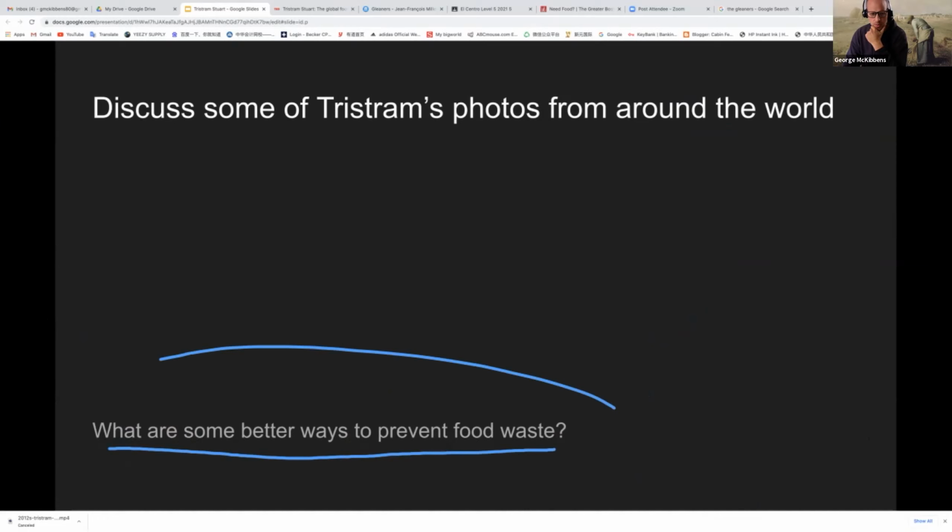He gave a few solutions in his lecture, but you can talk about this with each other. There are solutions from the Greater Boston Food Bank, but I'd like you to come up with ideas on your own.